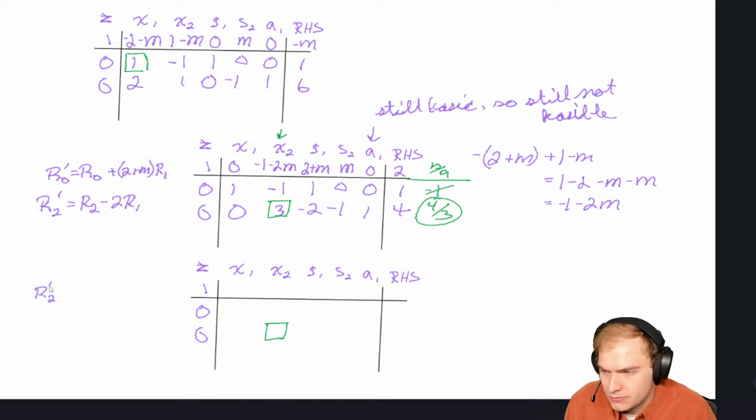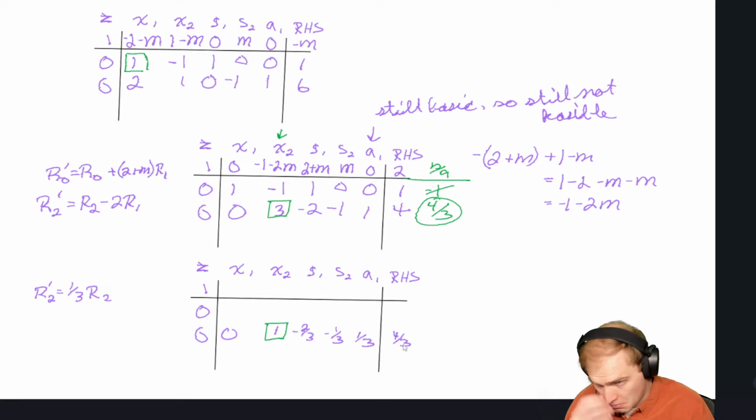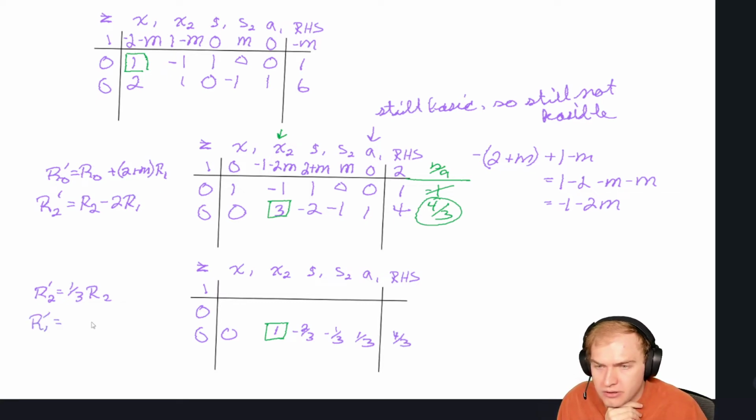Row 2 prime is 1/3 row 2. Row 1 prime is row 1 plus row 2 prime.